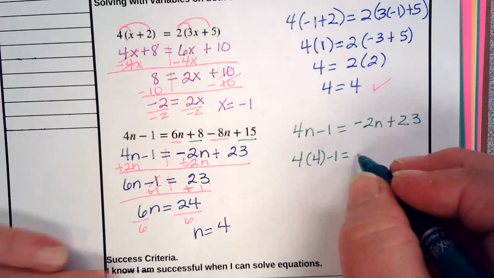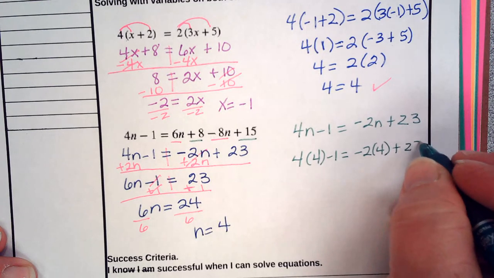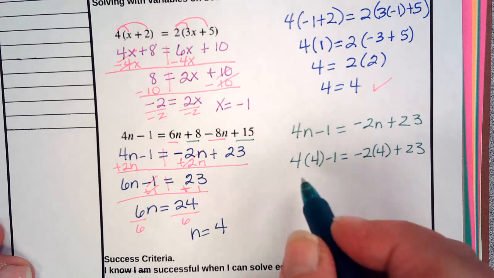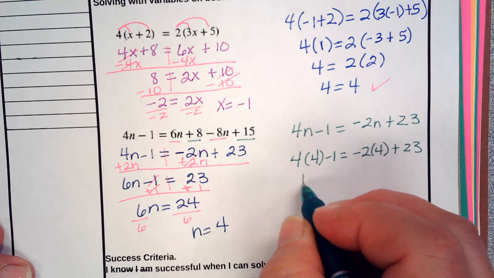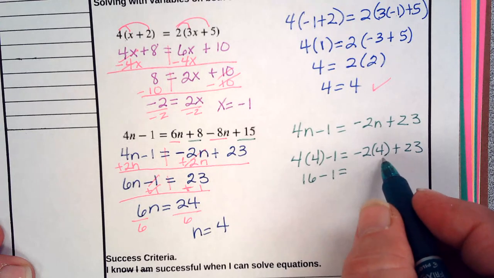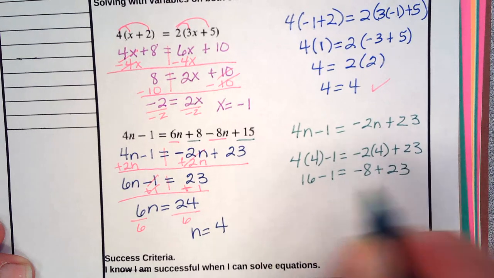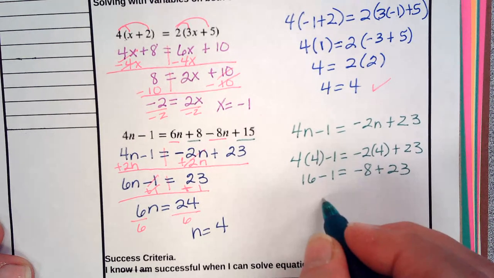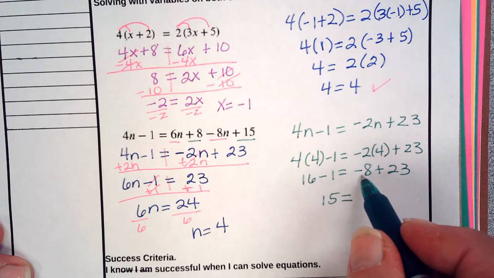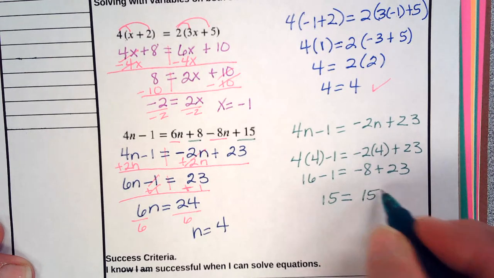Is that equal to negative 2 times 4 plus 23? 4 times 4 is 16 minus 1. Negative 2 times 4 is negative 8 plus 23. 16 minus 1 is 15. Is that equal to 23 minus 8, or negative 8 plus 23, which is also 15?